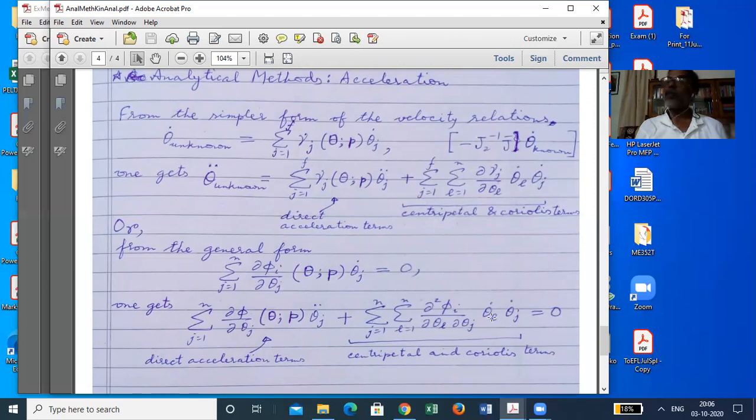Angular velocity of one, linear velocity of one. So Coriolis terms you get when L is not equal to J. So all the centripetal and Coriolis terms, basically the velocity quadratic terms, you get here, and the direct acceleration terms you get here. From here, whatever is known, you supply that, and the unknown ones you can solve by solving the arising system of linear equations.